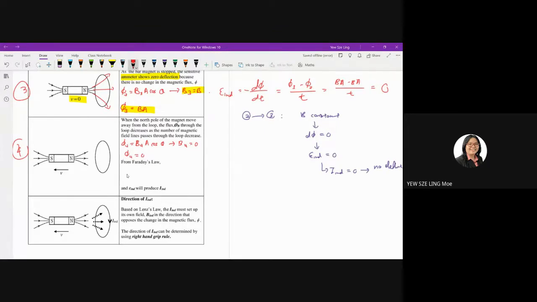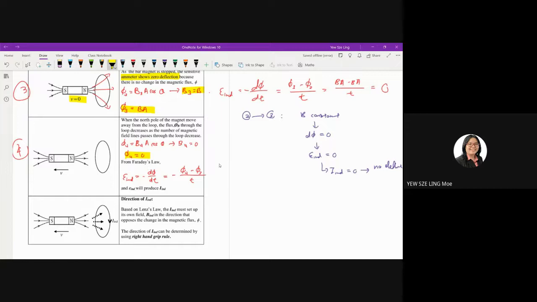So from Faraday's law, induced EMF is equal to negative d phi over dt, which is then equal to negative flux 4 minus flux 3 over time. Flux 4 is 0, flux 3 is BA. Therefore, it is a non-zero value.